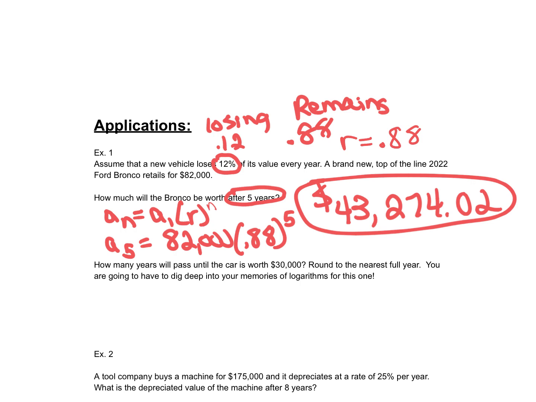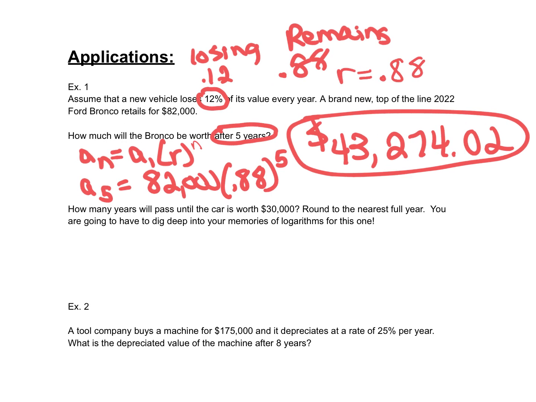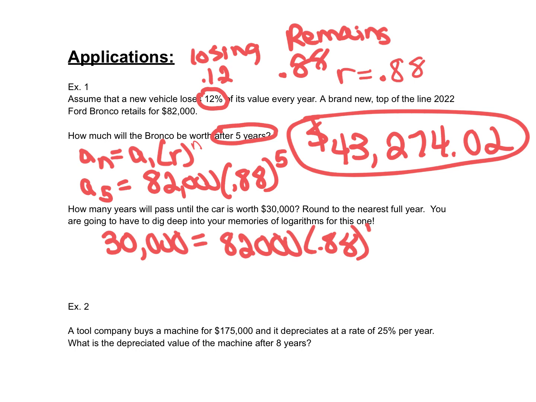Okay, and then this is just a good question because we haven't done logarithms in a while. How many years will pass until the car is worth $30,000? So if I know my car is worth $30,000, we're still just going to use that formula, and we're going to use our first term, which was 82,000. Our rate is still 0.88, but we don't know how many years that's going to be.